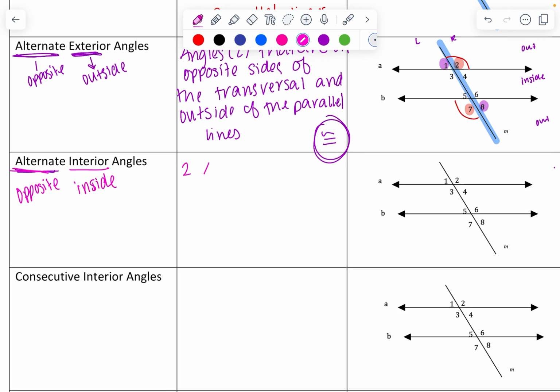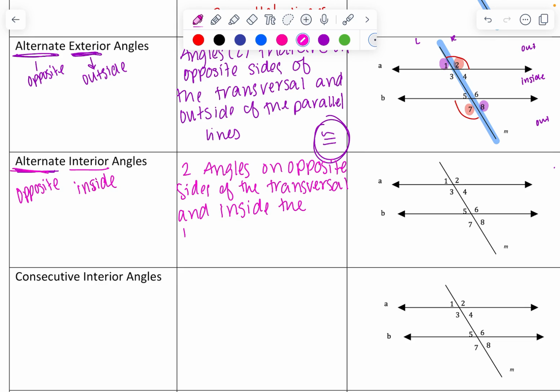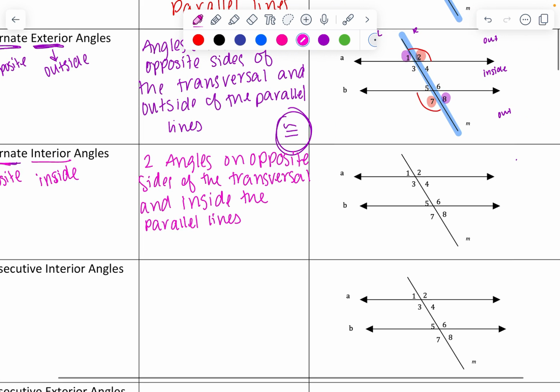So we've got two angles on opposite sides of the transversal and inside the parallel lines. Okay, these angles are also going to be congruent.